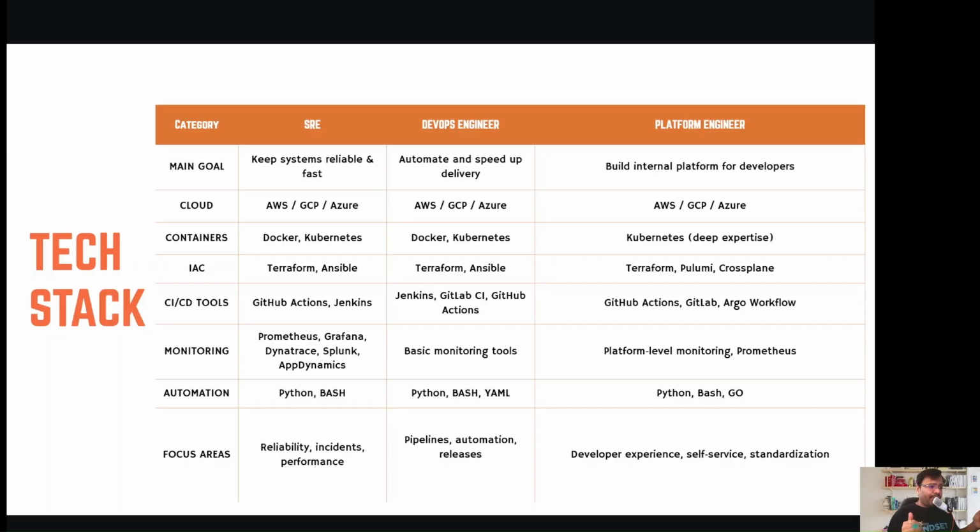From the cloud perspective, if you want to get into SRE, DevOps, or platform engineering, you can learn any one of these cloud technologies, which are AWS services, GCP, Azure, etc. There are other cloud providers also, Oracle, IBM, depending upon what your firm intends to use, right?